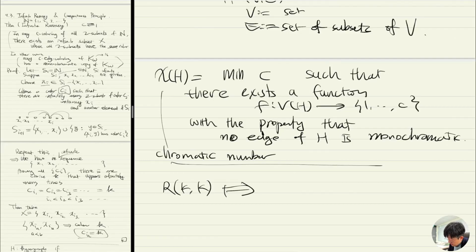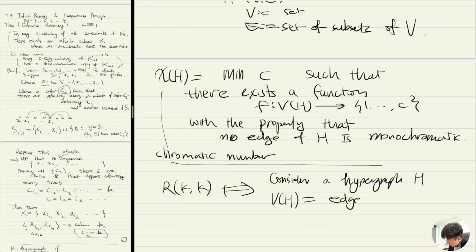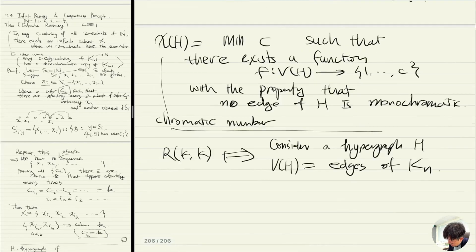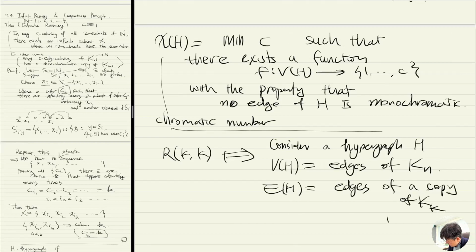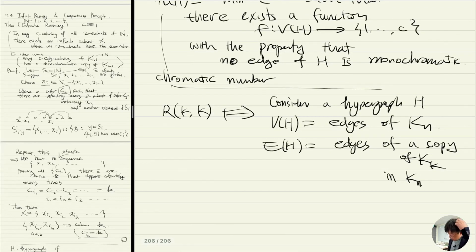So consider a hypergraph H where V of H is the edges of Kn, and E of H are the k-edge sets of a copy of Kk in Kn. Then what does that mean?